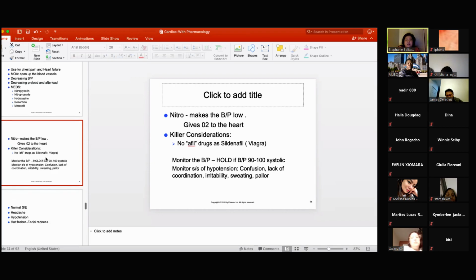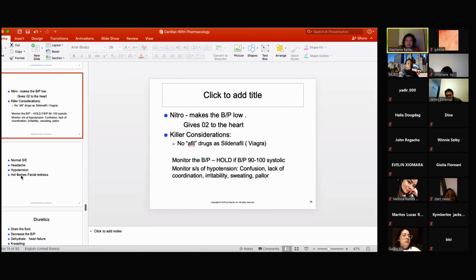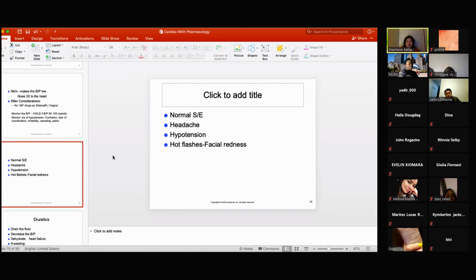Normal side effects are headaches, hypotension, hot flashes, and facial redness when you are on vasodilators.